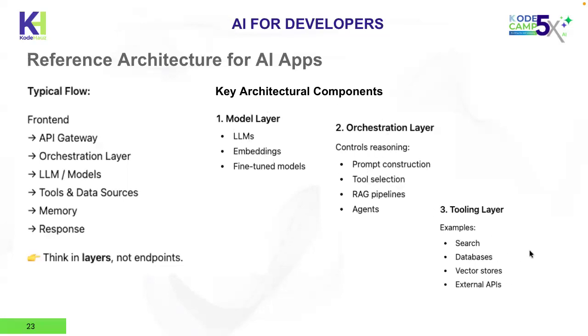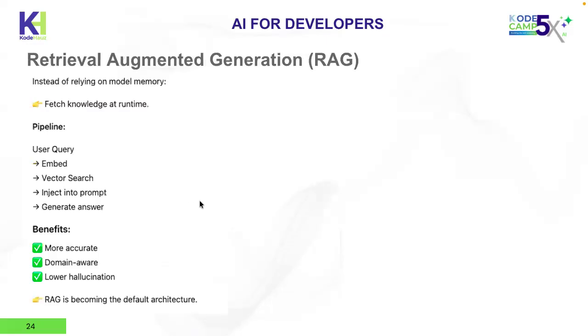The databases also contain information, right? The vector stores, which allow the information to be semantically related. So the information in the database can be semantically indexed so that you pull data that are related. And then the external APIs for API calls. So these are the key architectural components.